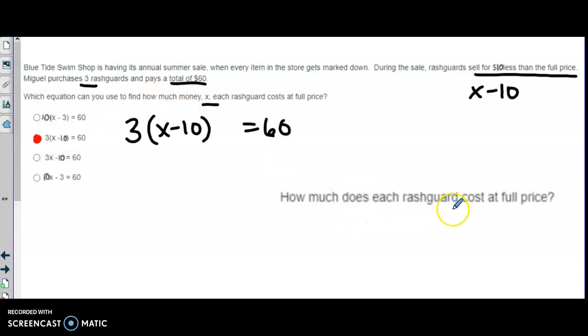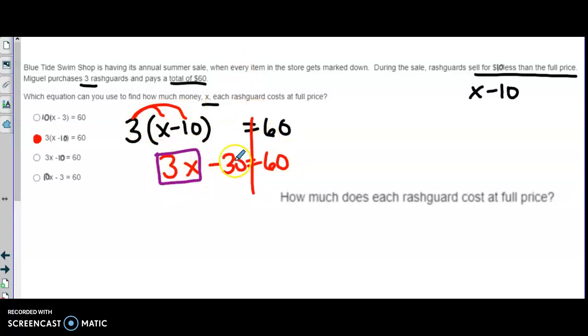And then how much does each rash guard cost at full price? We would just solve our equation. So we know the total at sale price is $60. So if we want to know full price, we would distribute 3 times X and then 3 times negative 10. We are trying to solve for X, so we need to get rid of the minus 30 by doing the opposite, which is adding 30.